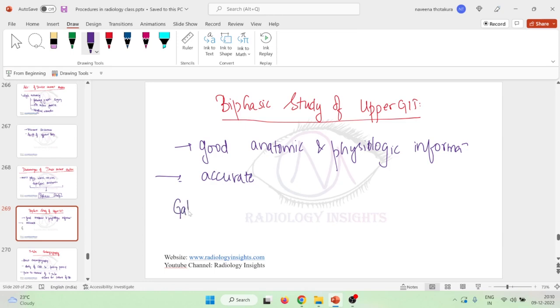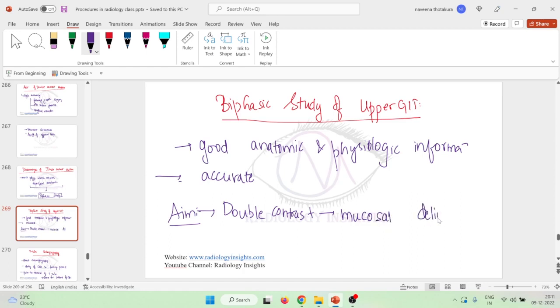The main aim of this biphasic study is that, in the double contrast study, because you are using two contrast agents, one is barium and the other is gas, both of these help in better mucosal delineation.